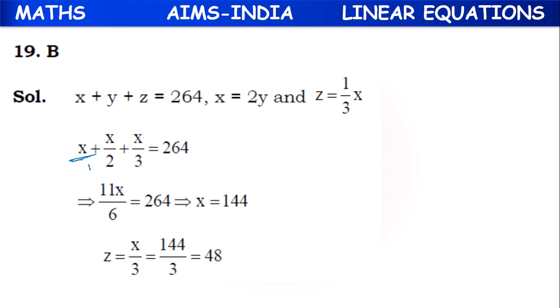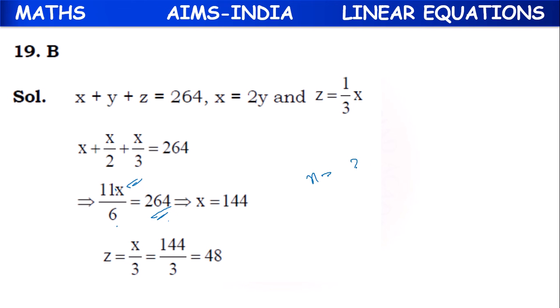Here x by 1 we can write. The LCM of 1, 2, 3 is 6. 1 into 6 is 6, 6 into x is 6x. 2 into 3 is 6, 3 into x is 3x. 3 into 2 is 6, 2 into x is 2x. So 6x plus 3x plus 2x altogether becomes 11x. 11x by 6 equal to 264.